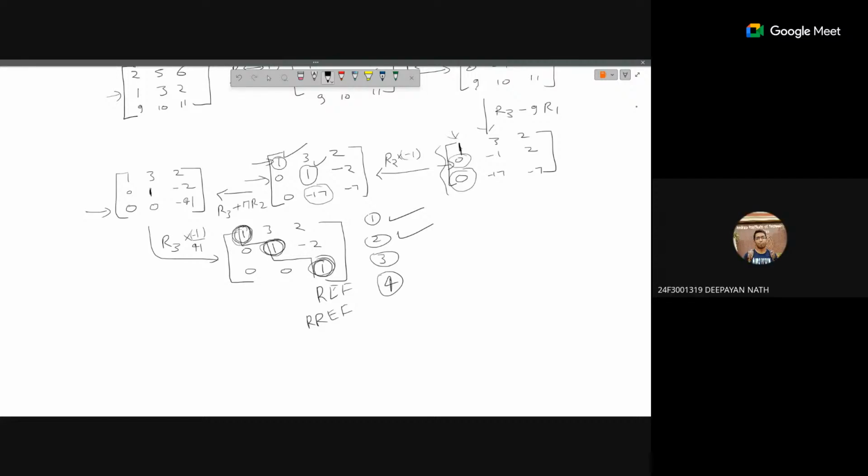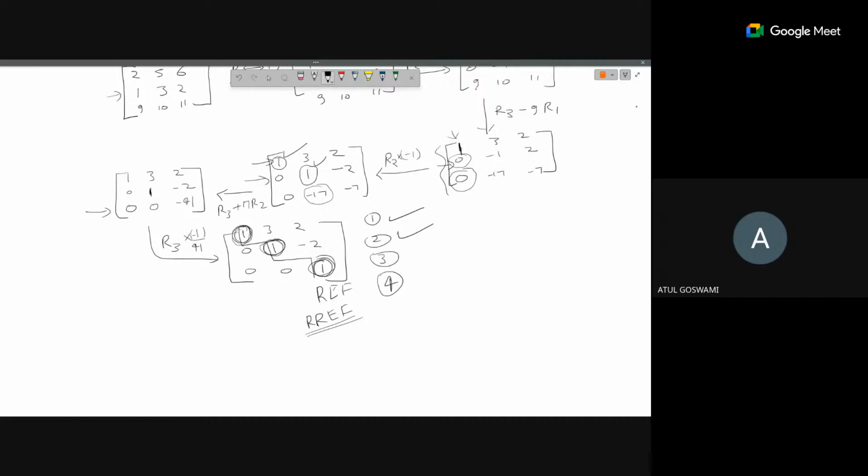So there should be those numbers. I don't get it actually. Let me complete the fourth point, I think your doubt will be clear. The fourth point says that for converting to RREF, except the leading entry, every other entry should be zero.